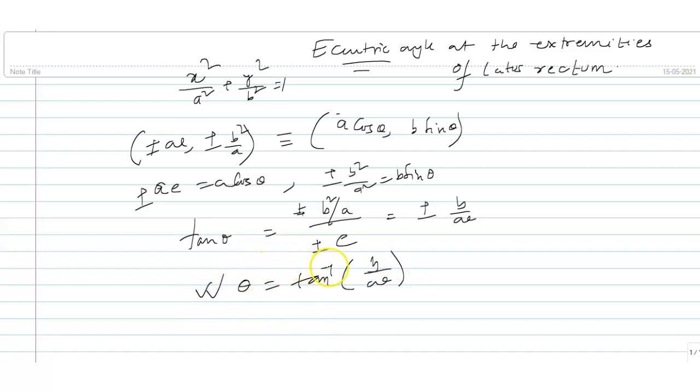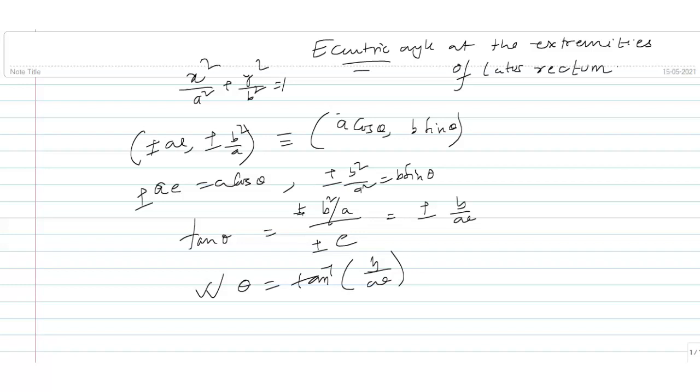This is the eccentric angle at the extremities of the latus rectum, right? Please be clear on it. You need to clear the concept first and then go for solving, right?